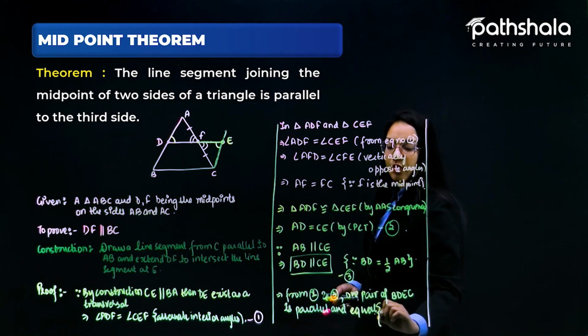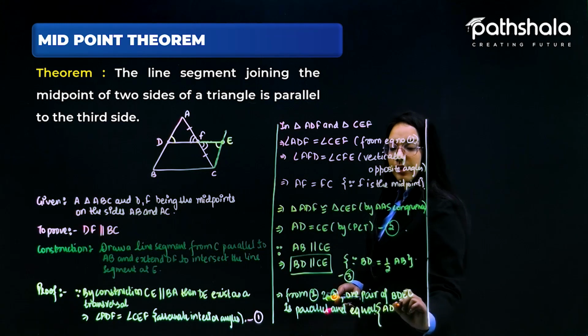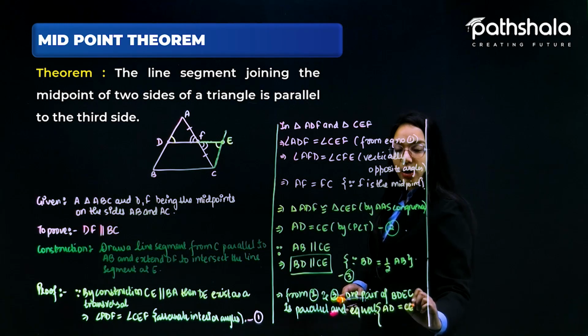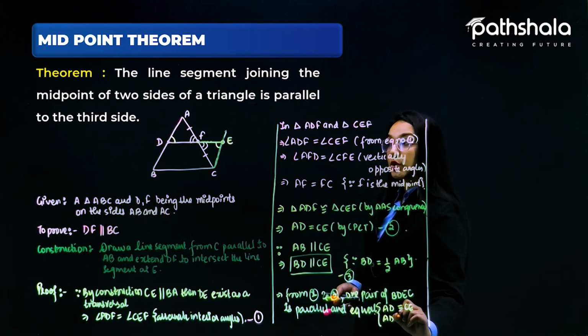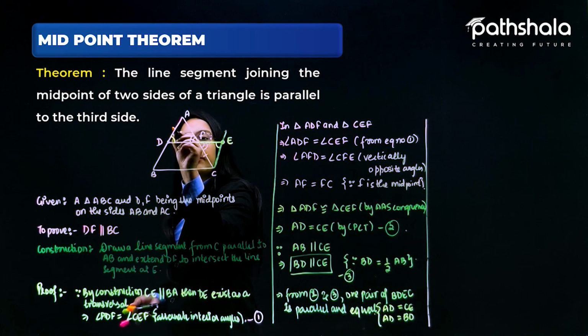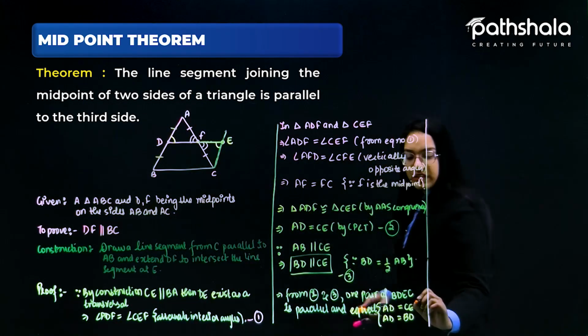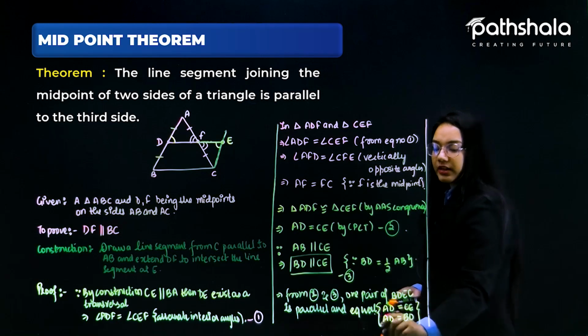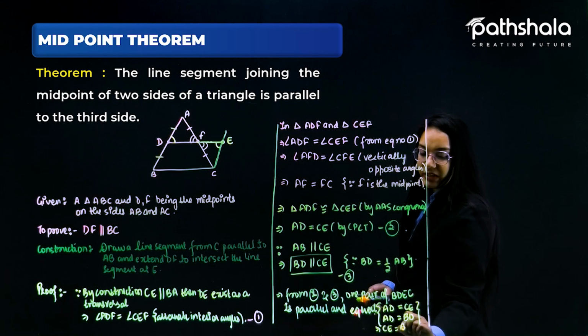We know that AD is equal to CE from equation number 2, and AD is also equal to BD, because D is the midpoint, so this side is equal to this side. Hence CE is equal to BD.